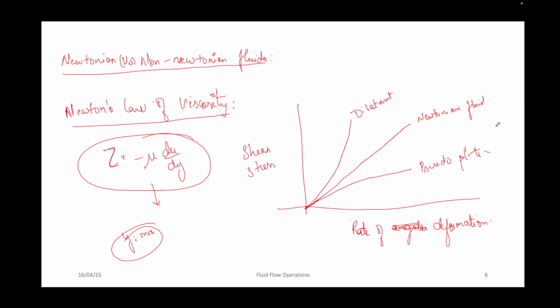Okay, so for all these liquids at zero angle deformation, shear stress will be zero. But there are other liquids or other class of fluids which has a certain shear stress at zero rate of deformation. Okay, so they start from a certain y intercept.